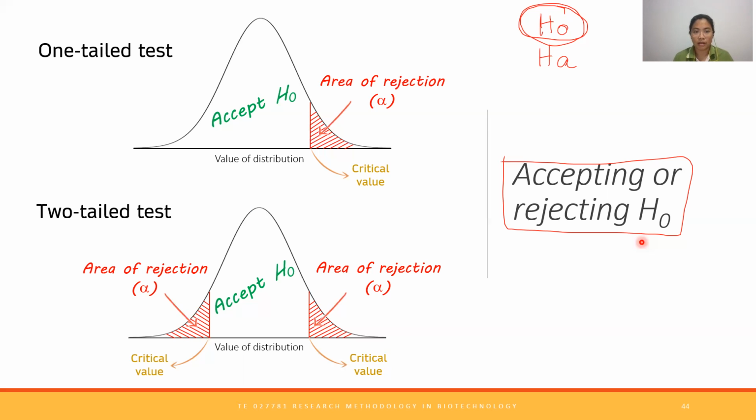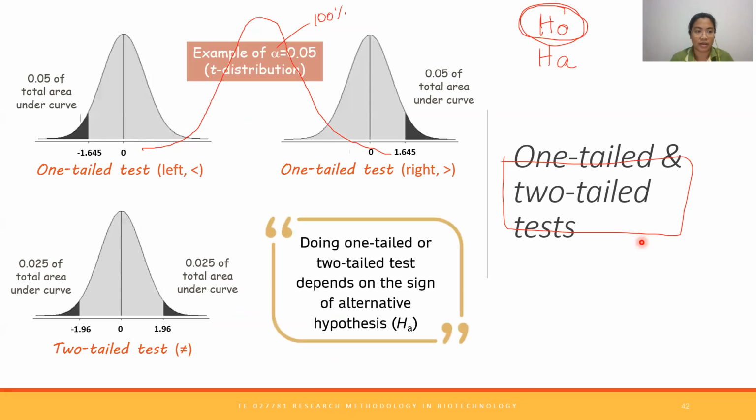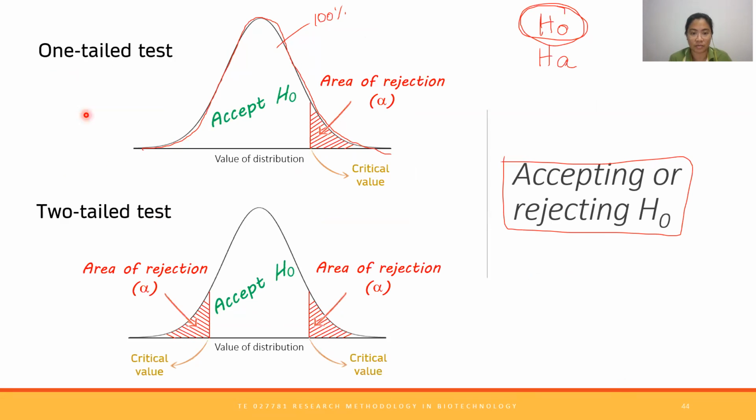Under this curve, we say that the area is 100%, and the value of the distribution goes along these values.